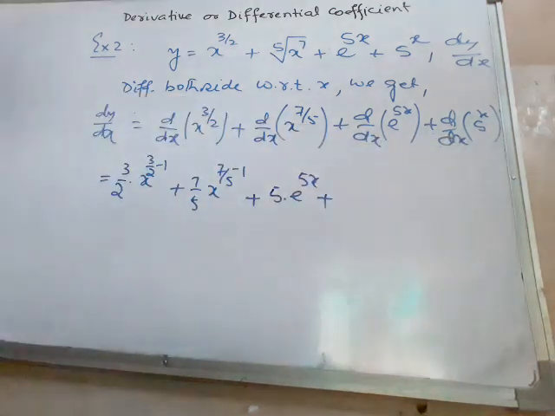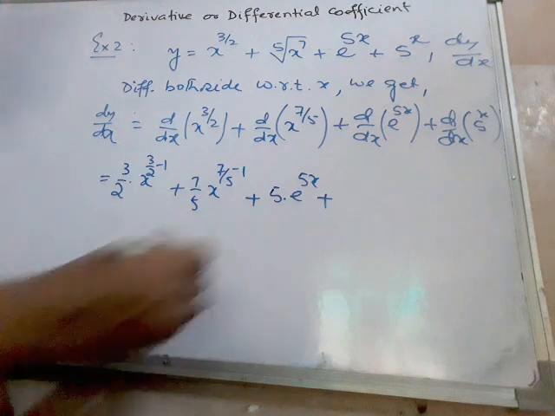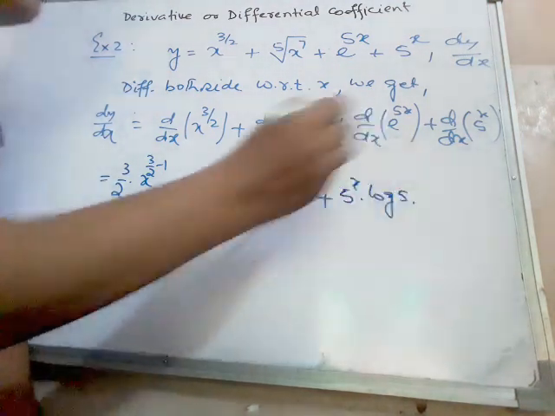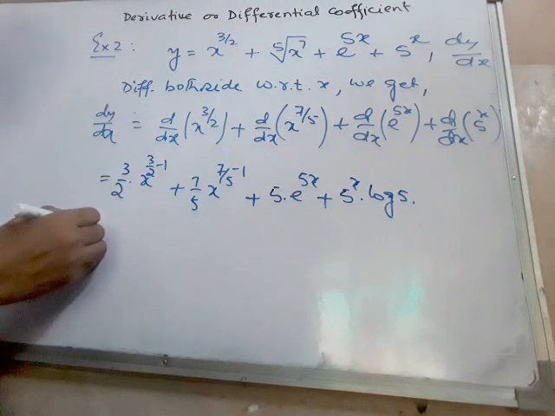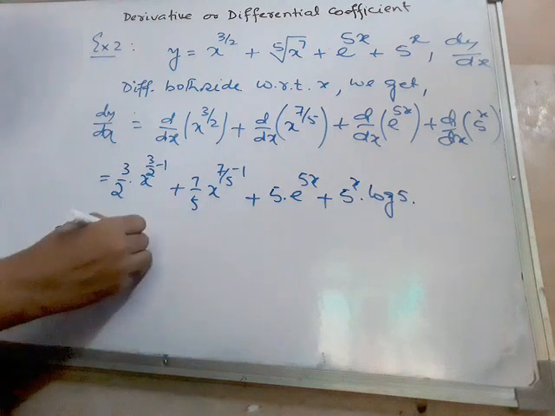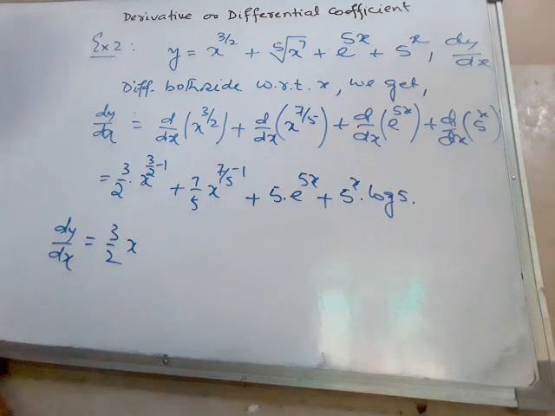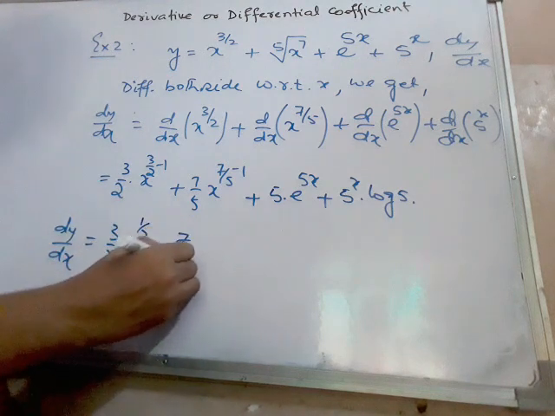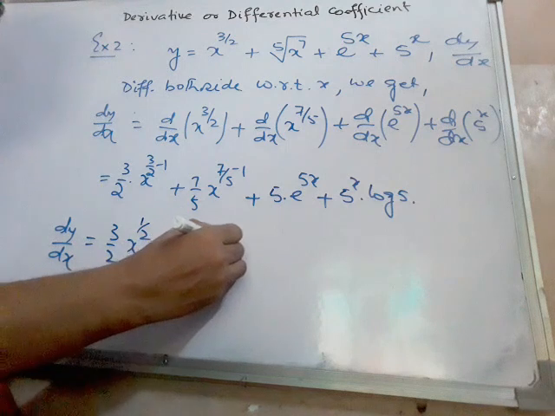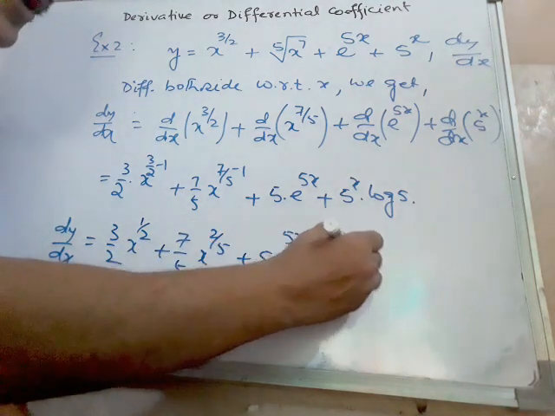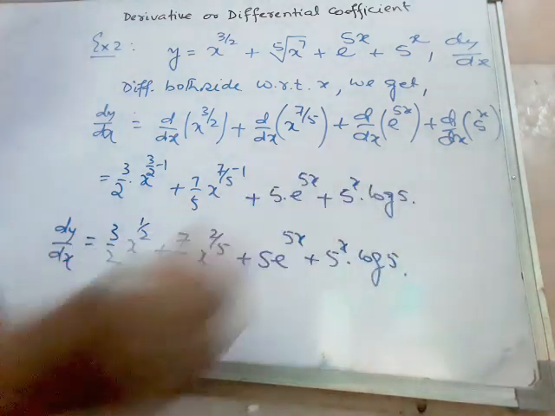Here 5 is a constant, so we have to apply the formula d/dx of a to the power x. So here the answer will be 5 to the power x into log 5. So the final answer: dy by dx equal to 3 by 2 into x to the power half, plus 7 by 5 x to the power 2 by 5, plus 5e^5x plus 5 to the power x log 5.